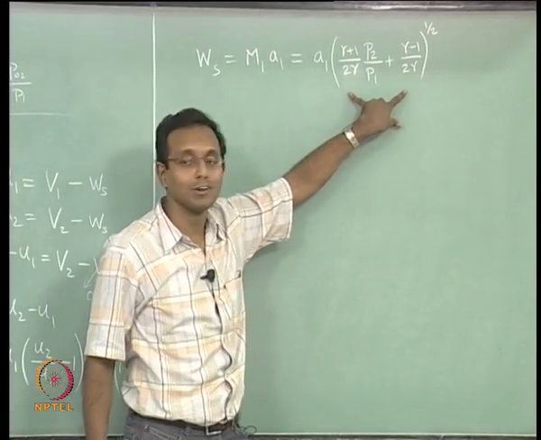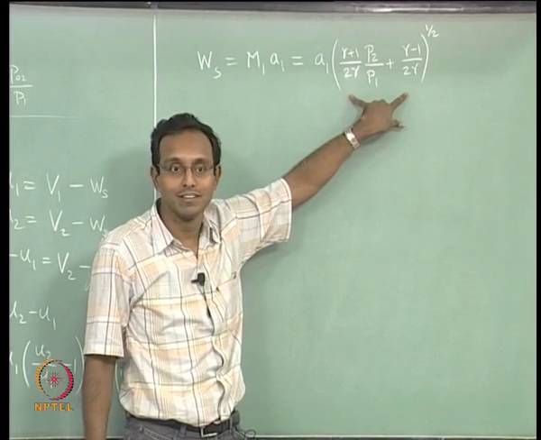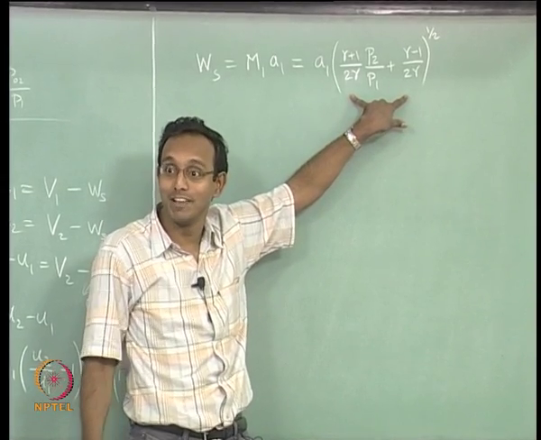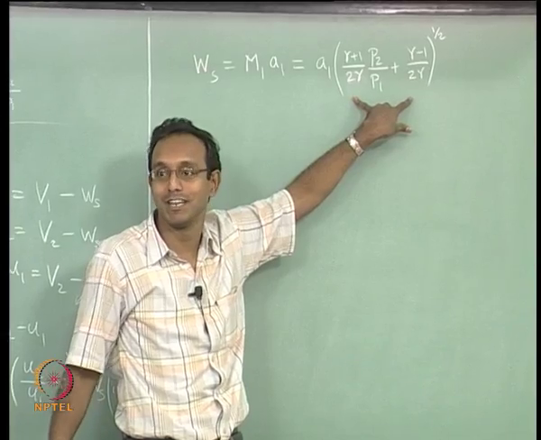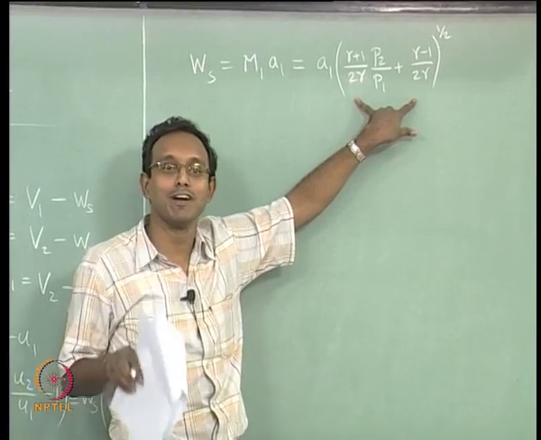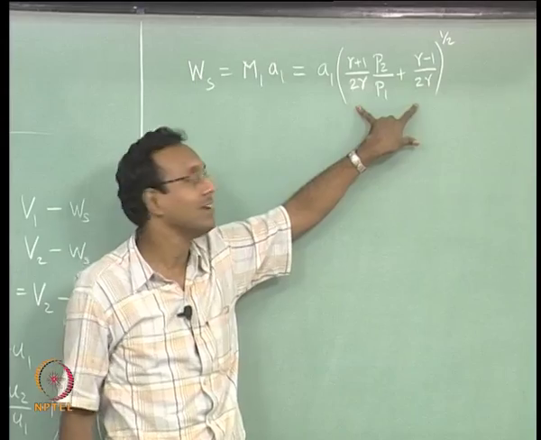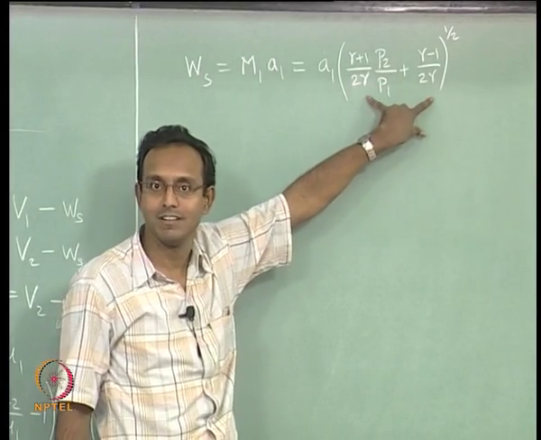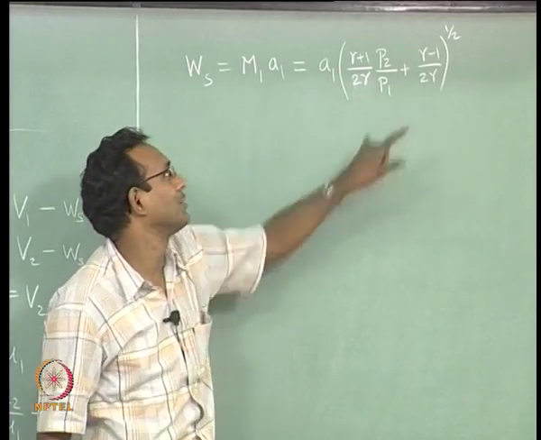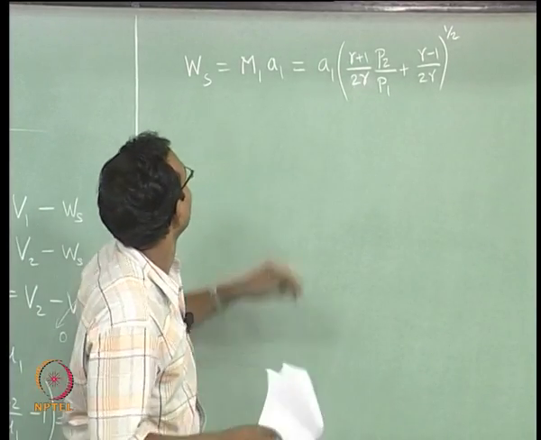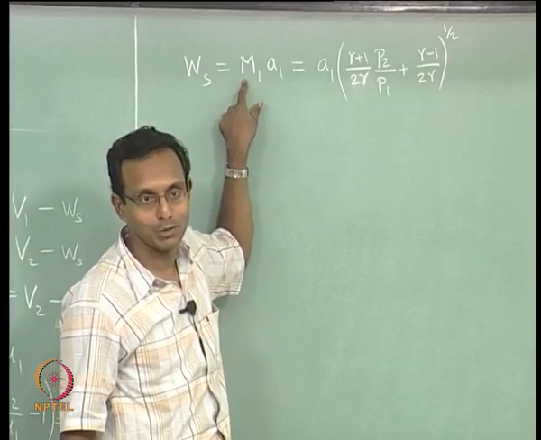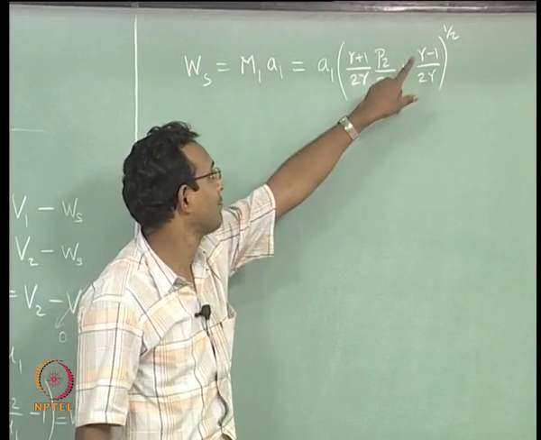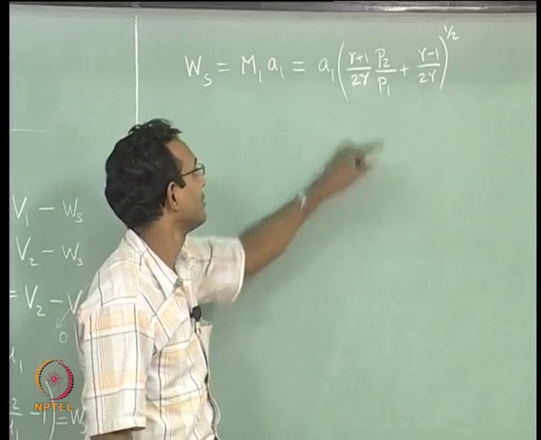This expression I never wrote separately, but this comes from whatever we wrote today for P2 by P1 when we did the asymptotic analysis. 1 plus 2 gamma by gamma plus 1 times m square minus 1 will give you this form. I just rearranged that term to get to this, nothing great, it is not very difficult to get. So I have rewritten m1 square and then put a half power on top of it. So I got to this expression.